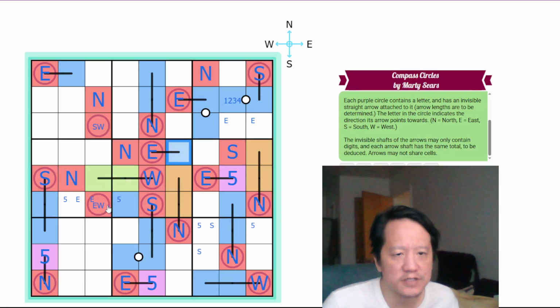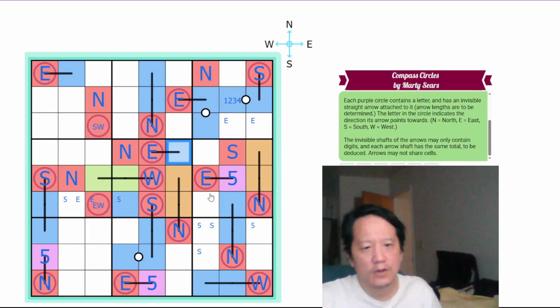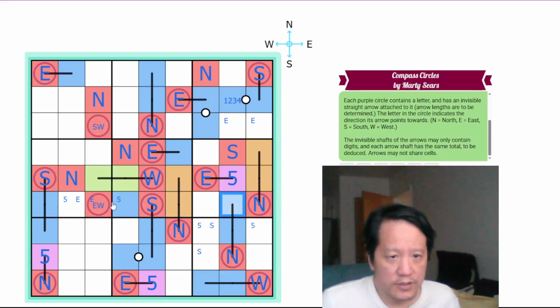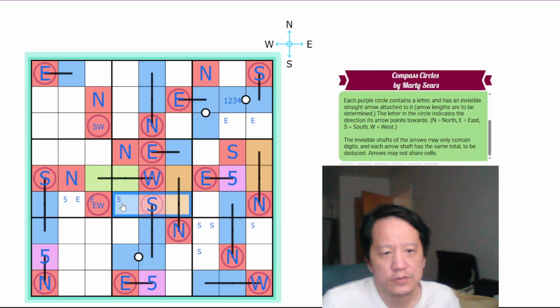One of these has to be green. We don't know which. These are guaranteed to be numbers. This can go south or it can go west. If it's south, it has to be 5.